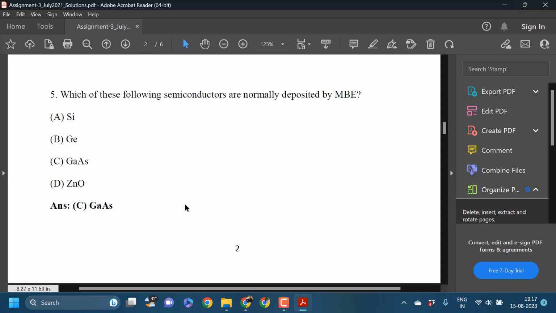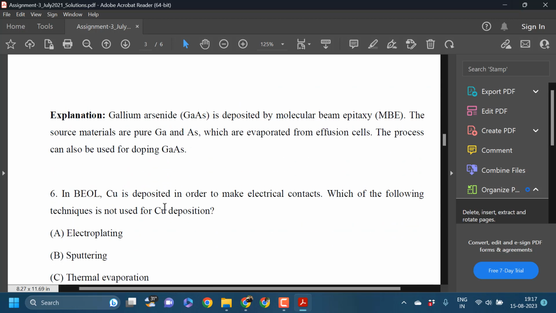I will be asking why gallium arsenide is usually deposited using MBE. So can everybody find out, and some of you can give me an answer next week, I hope. Okay, so we'll move on.